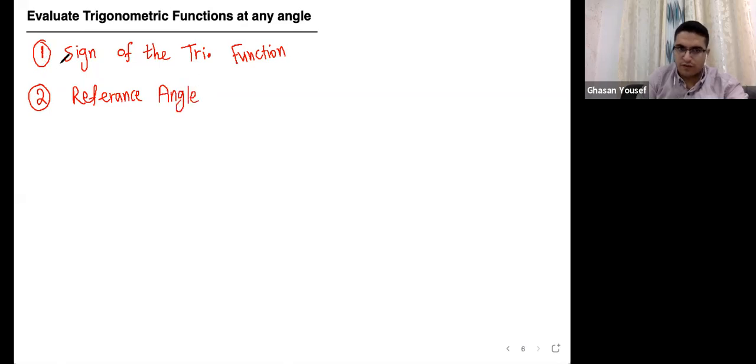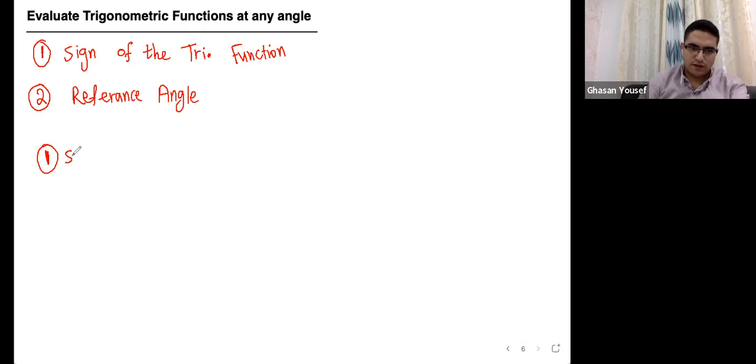Okay, so for the first one, I'm going to explain the meaning of the sign of the trigonometric function. For number one, the sign of the trigonometric function, the function is not always positive.